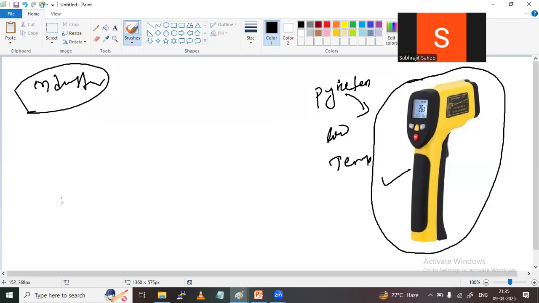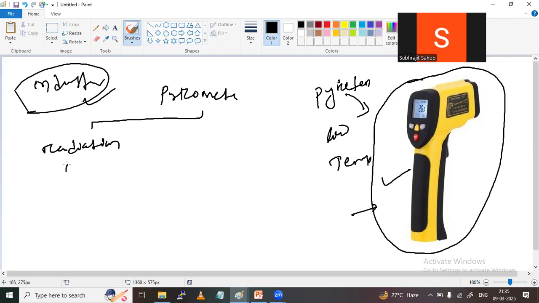In those areas we use this. This is also a separate type of pyrometer. Sir, pyrometers are classified into two types. One is the radiation pyrometer.